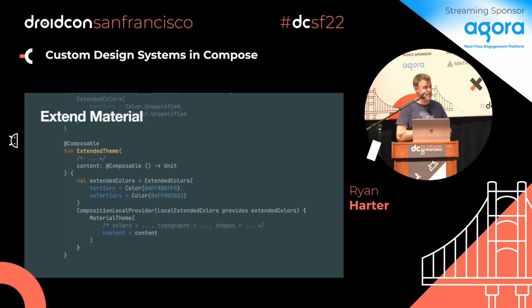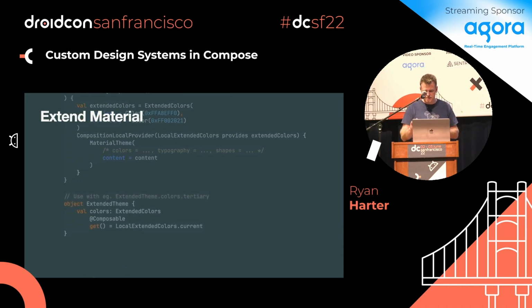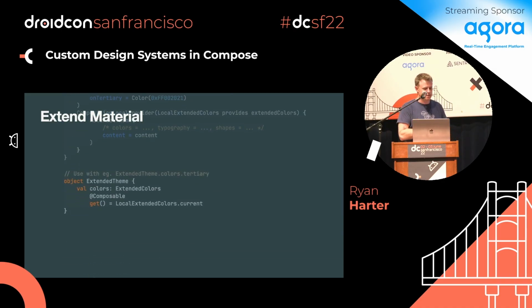The last piece that we need is an object, which we'll also call ExtendedTheme. This is the same way that with MaterialTheme, if you want to pull out a color or a typographic style or any of those tokens, you can just say MaterialTheme.typography.h1 or MaterialTheme.colors.primary. This is the same mechanism here.